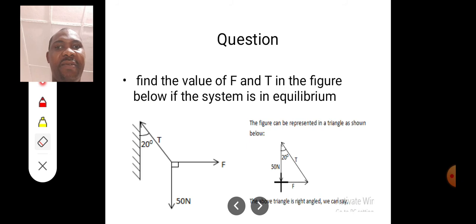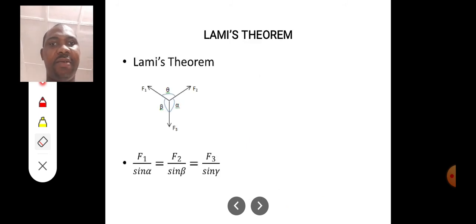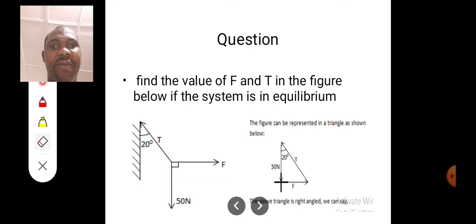Here we started with 50 newtons, the one downwards. Then afterwards with the F, and afterwards with the T. That's the same thing we did. And the above triangle is a right angle triangle, right? So we have done that for you.